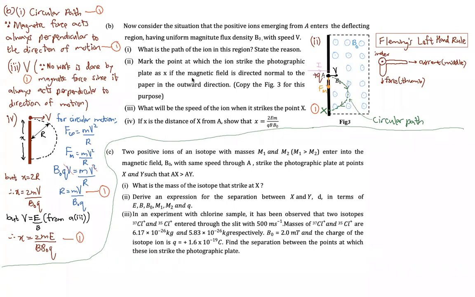Good question. If you analyze this part, we can compare it in a simple manner. They are entering from A, and one of them is striking here and the other one is striking here.